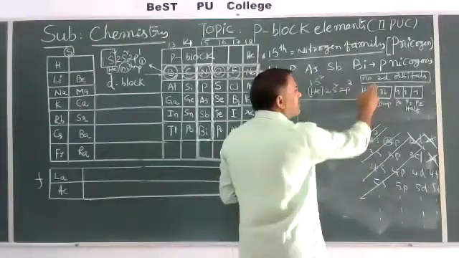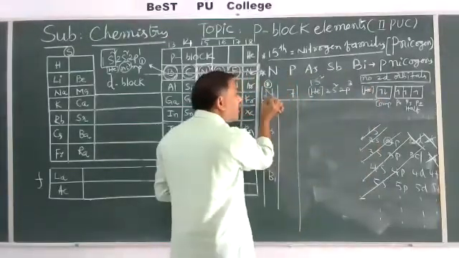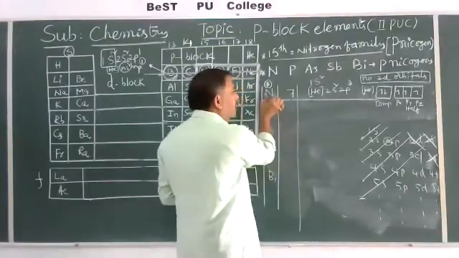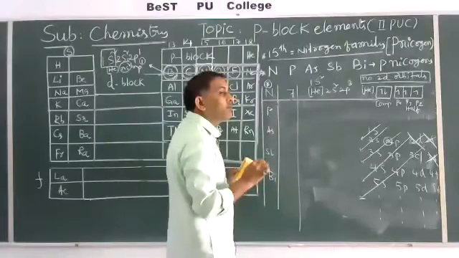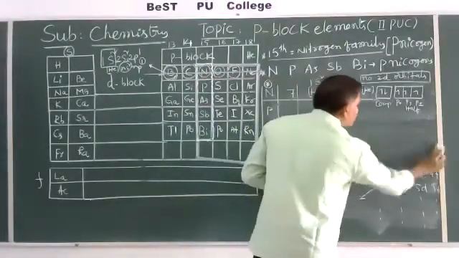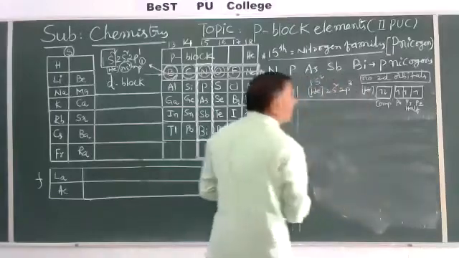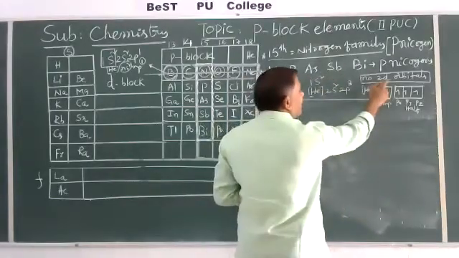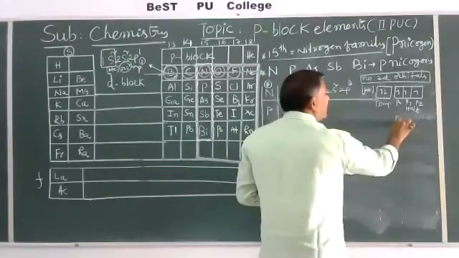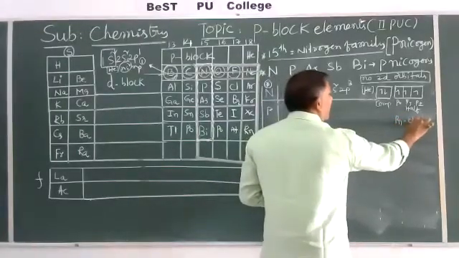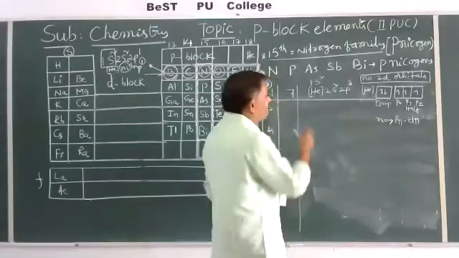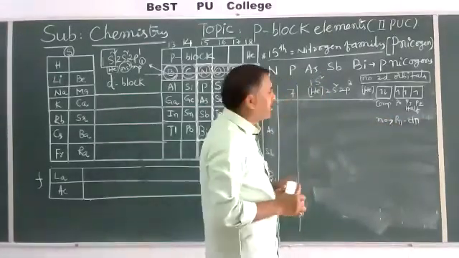And due to the absence of d orbitals, its small size and high electronegativity, nitrogen shows some anomalous, peculiar properties. The main reason is the absence of d orbitals. Nitrogen does not form any p pi and d pi bonds.